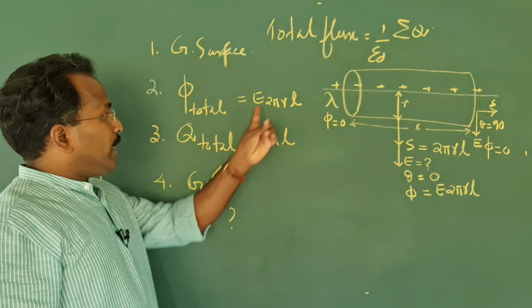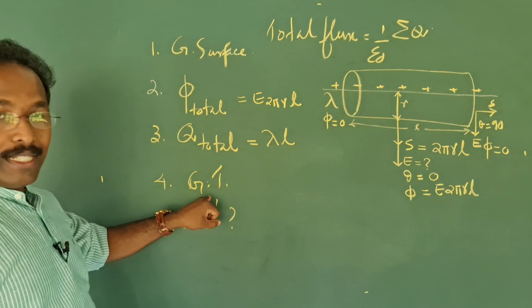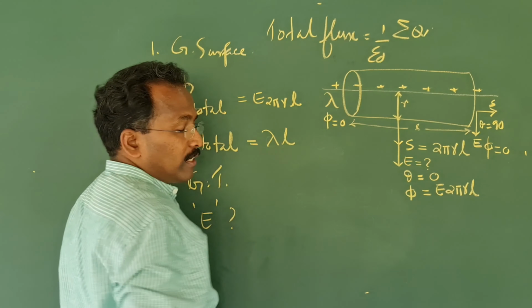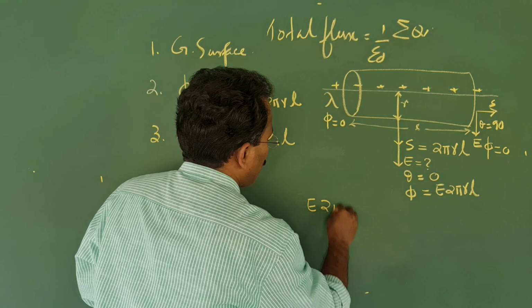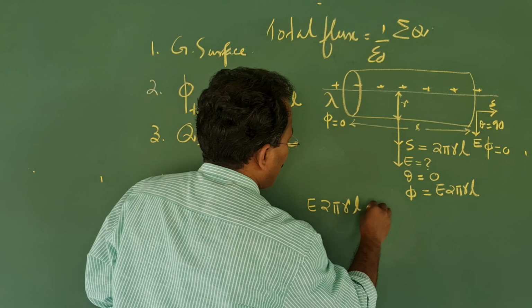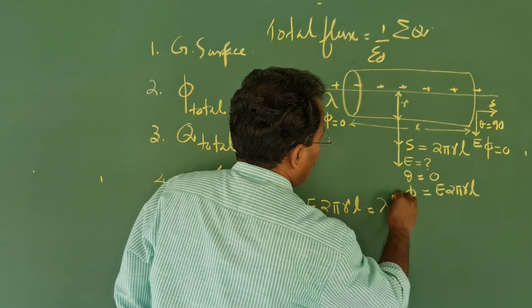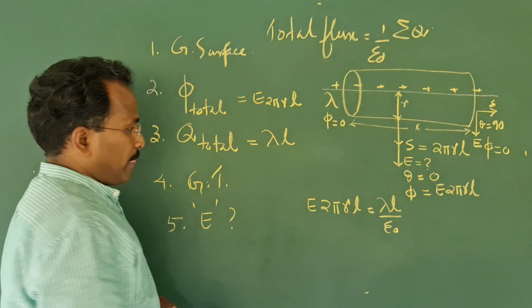Now I am going to apply these data into the Gauss theorem equation, and that is the fourth step. You write the Gauss theorem equation, this one, and below that you may write E into 2 pi RL is equal to lambda into L divided by epsilon 0.